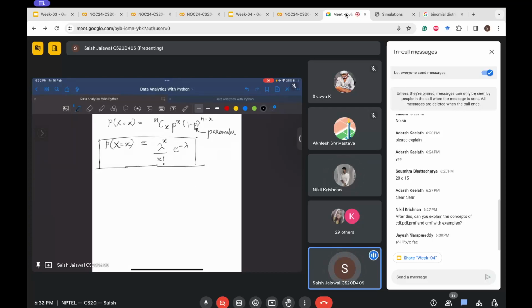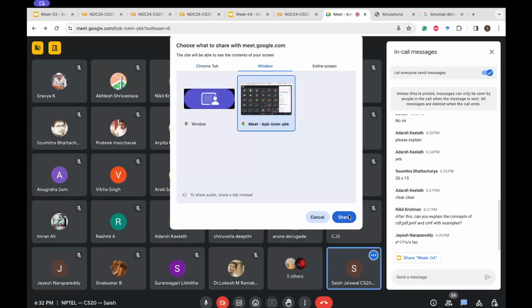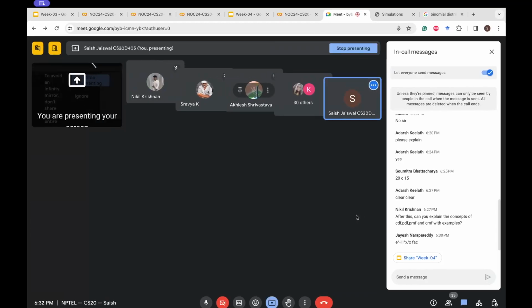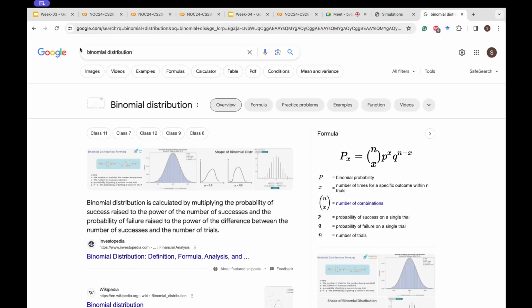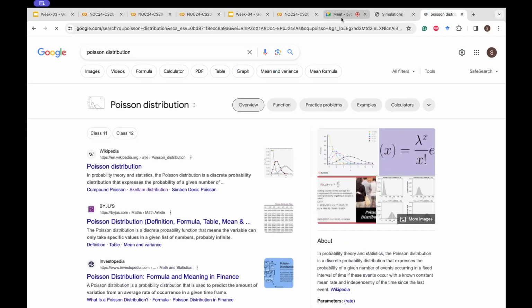But in the case of Poisson distribution, why is it used? Let me show you the plot of Poisson distribution. Let me stop the share over here. I hope my screen is visible.